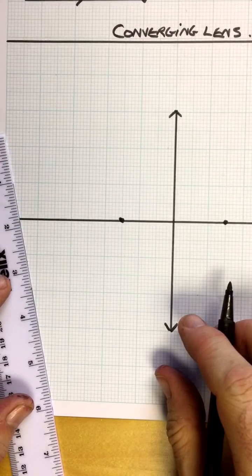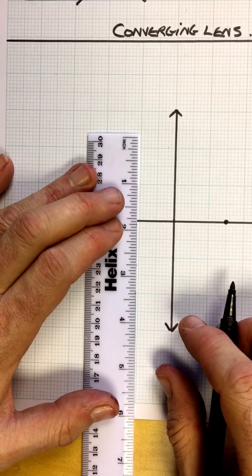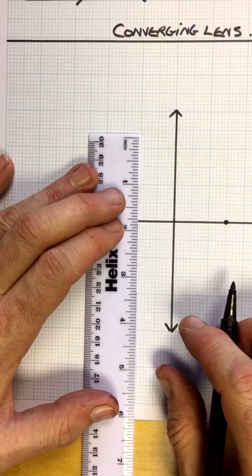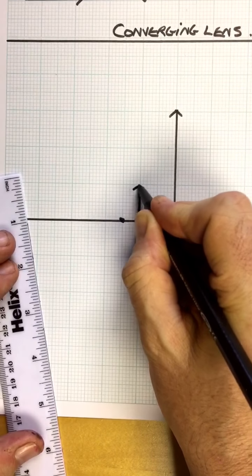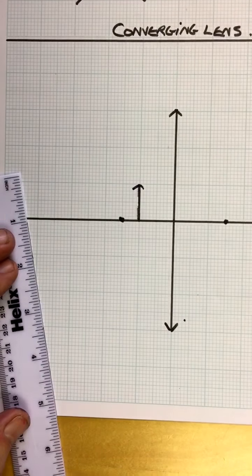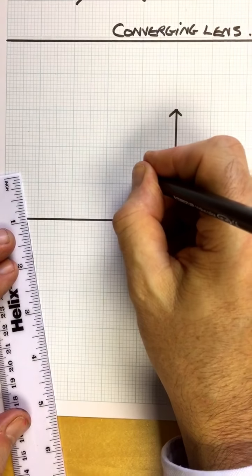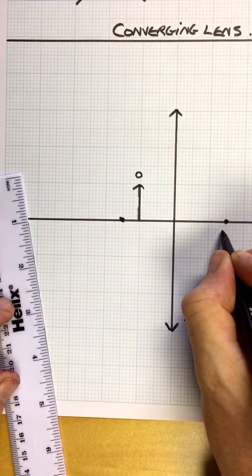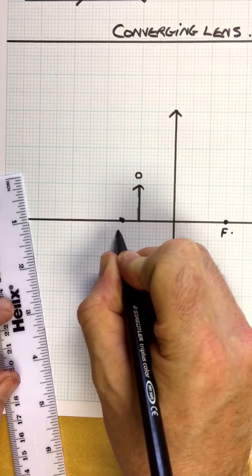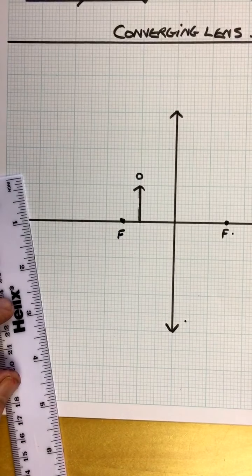So first situation would be maybe that we have an object that we're observing with the convex lens. So if I draw my object here with some arrows at the top to show its position, and I label it O for object, and then need to be able to use the ray diagram to show where the image will form.